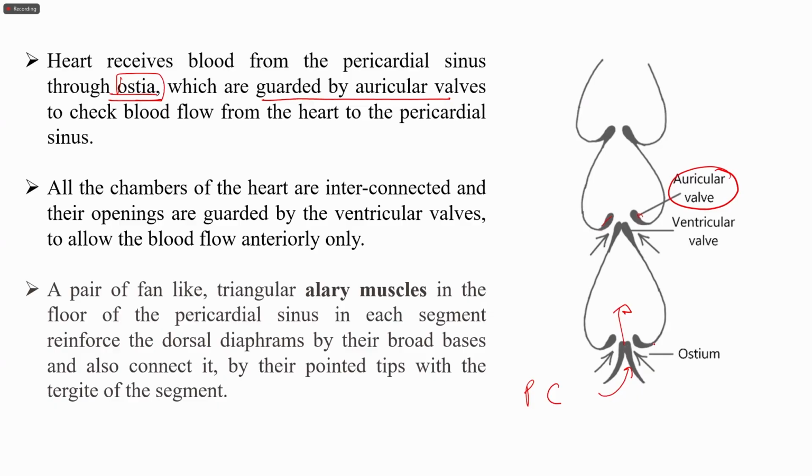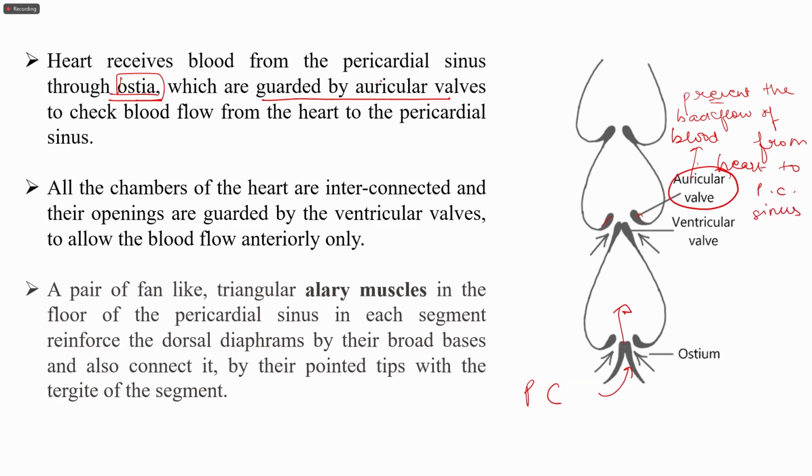The auricular valves prevent the backflow of blood from the heart to the pericardial sinus.